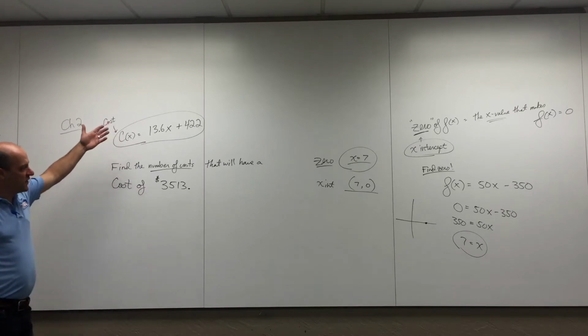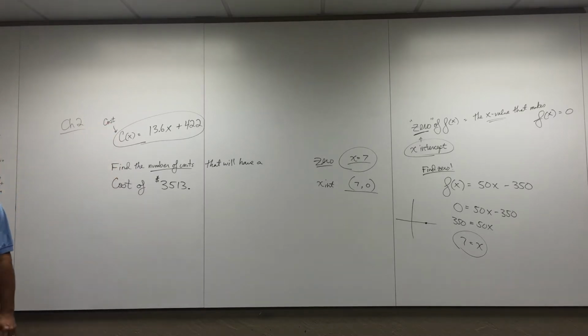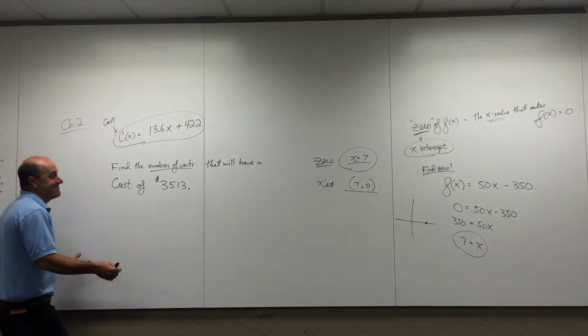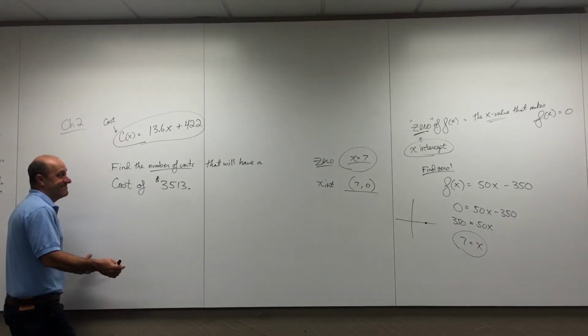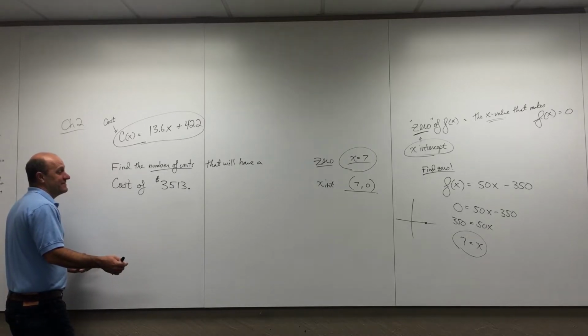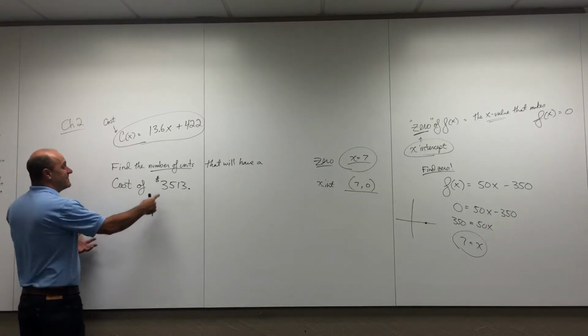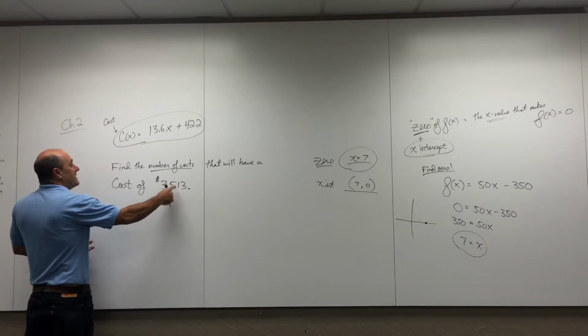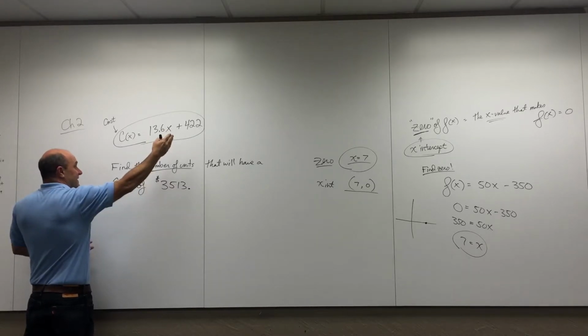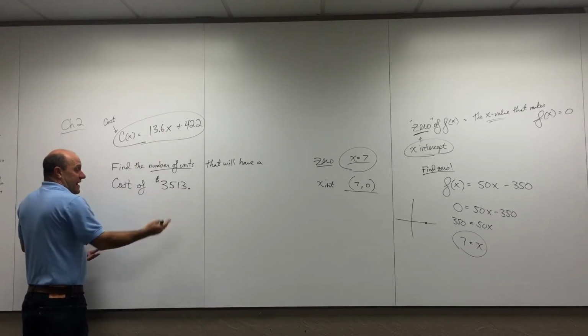So they give you a cost function and they ask you this question. Now, it's not hard. I bet you know what to do. Tell me what to do. The cost is, well, you would say 3,513 equals 13.6x plus 422. Yeah, thank you.